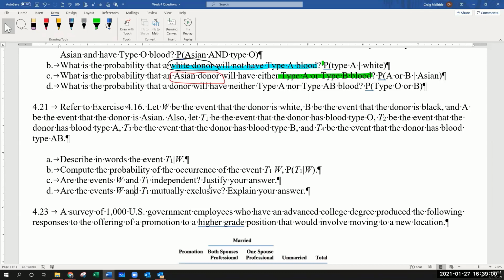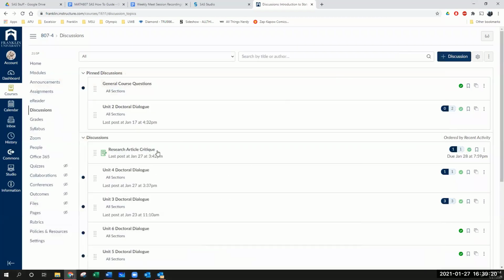Okay, what else? Okay, so like I was saying, now that we've covered everything, I believe, please don't forget that you need to post your research articles, and they need to be posted by midnight tomorrow, midnight Eastern time tomorrow.